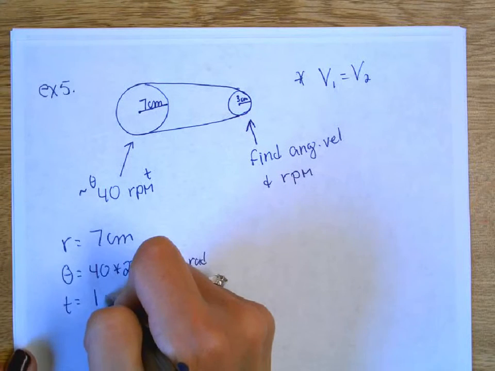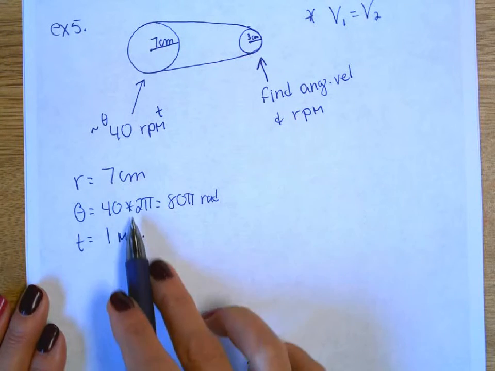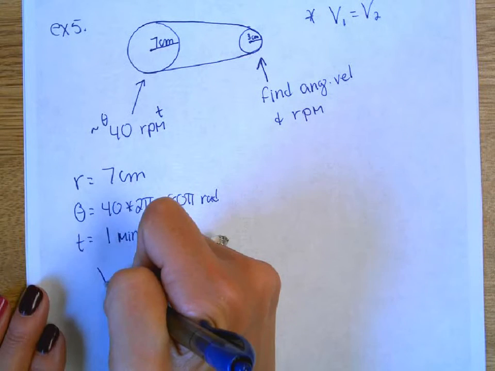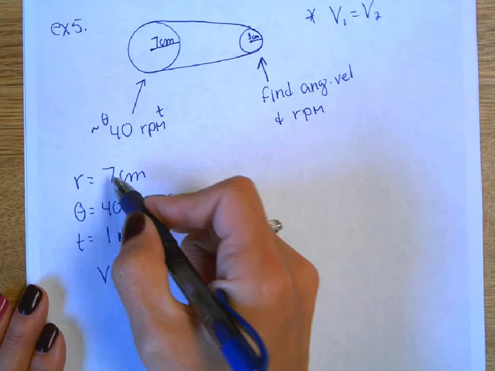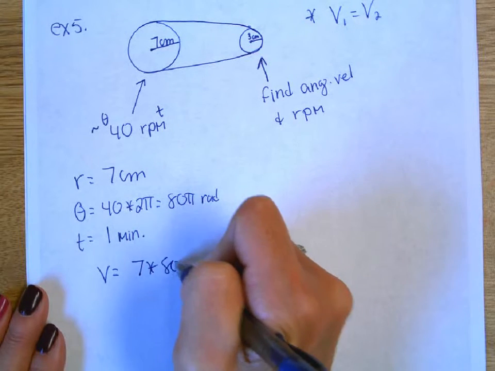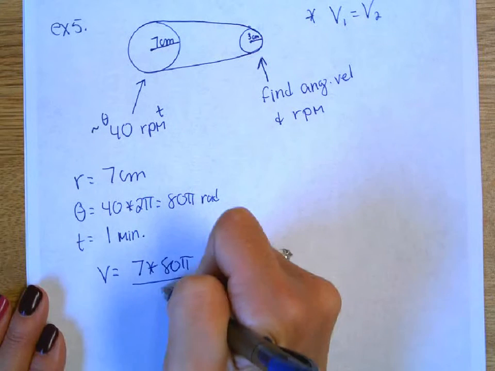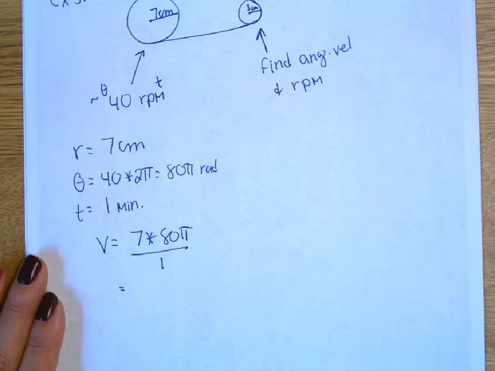One moment. So that's everything you need to find the linear velocity here. The formula is R times theta divided by time.